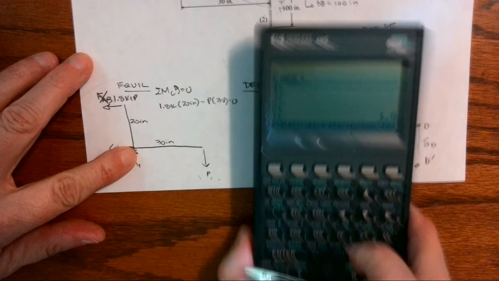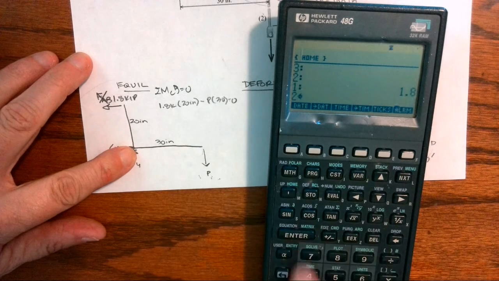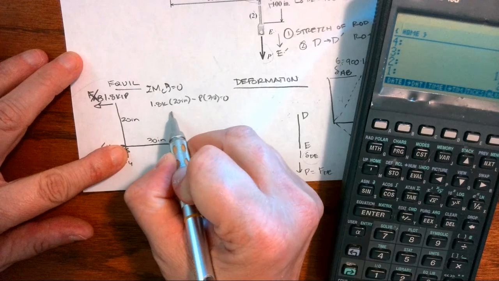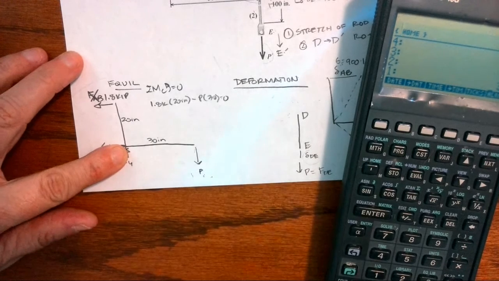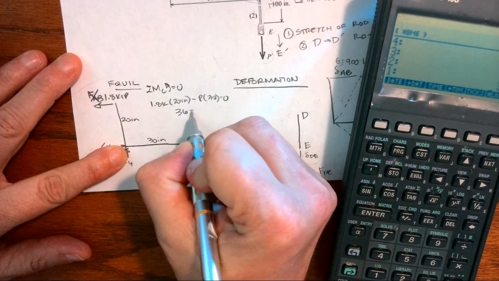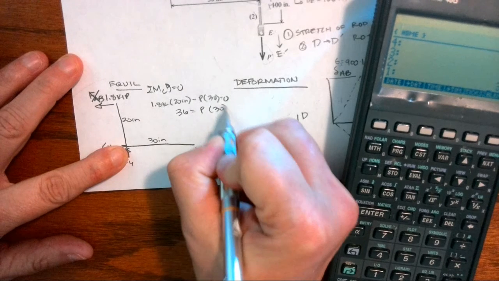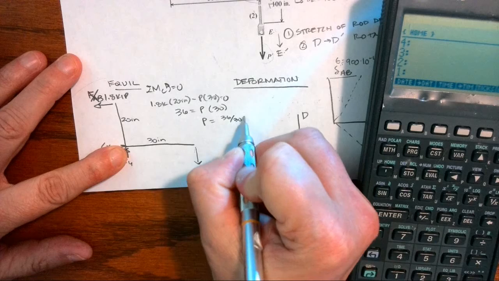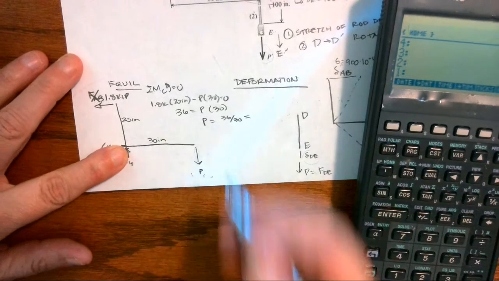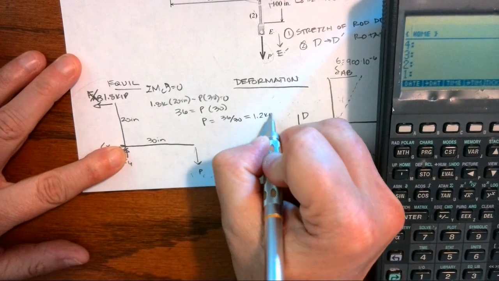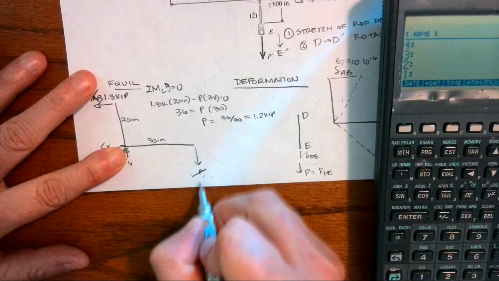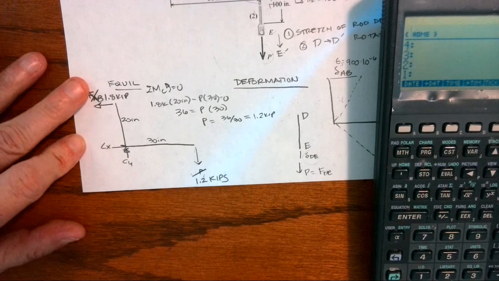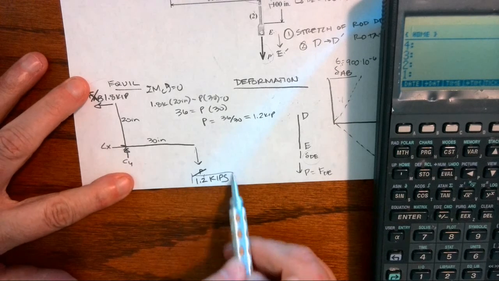So we have 1.8 times 20, 36 equals P times 30. So P equals 36 divided by 30, and I get 1.2 kips. So this P is 1.2 kips. That's what started it all. So there is my answer for part A.